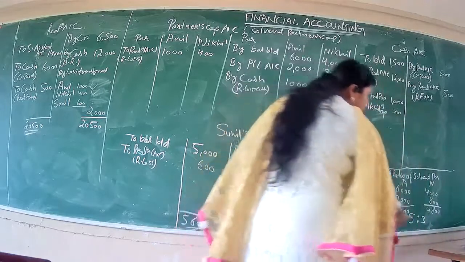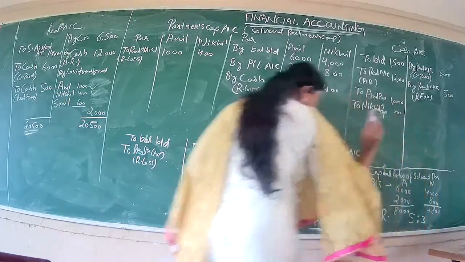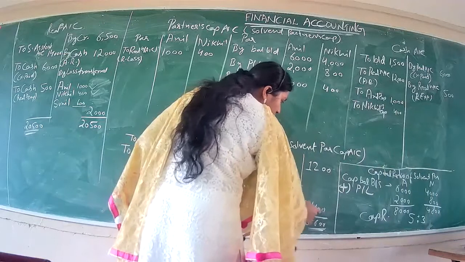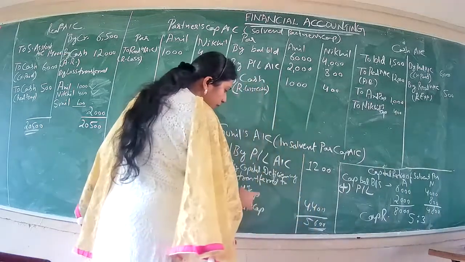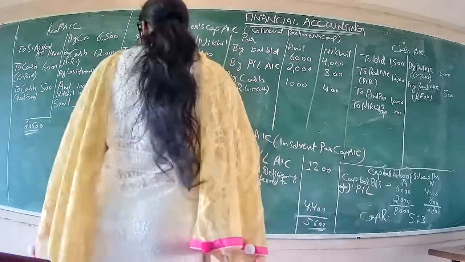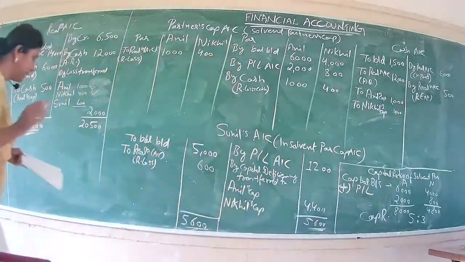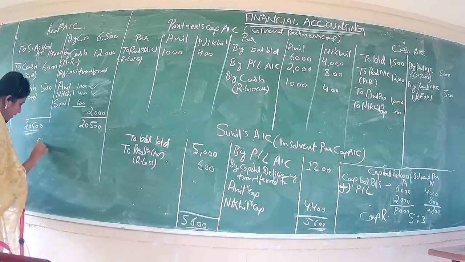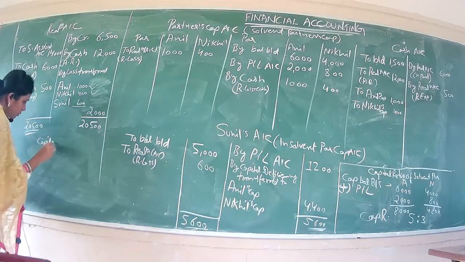As per this capital ratio, the amount of 4,400 will be shared between Anil and Nikhil. We'll calculate that also, as a working note.